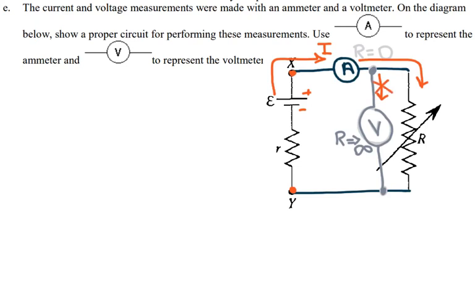So you don't want that to happen. So the resistance of the voltmeter is always set to approaching infinity, so the current never flows through the voltmeter. And then the current always flows through the ammeter, but its resistance has to be 0, so no voltage is dropped on the ammeter.